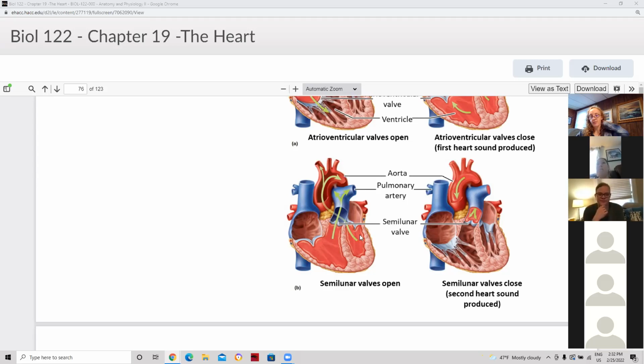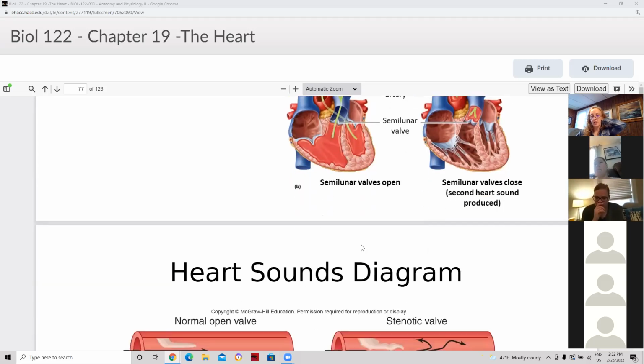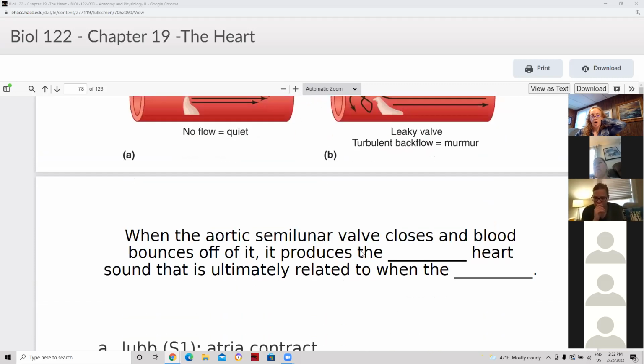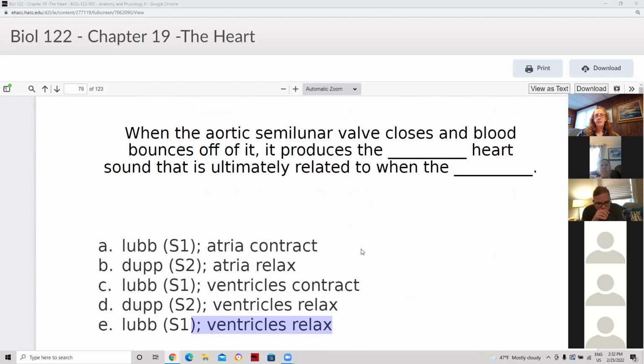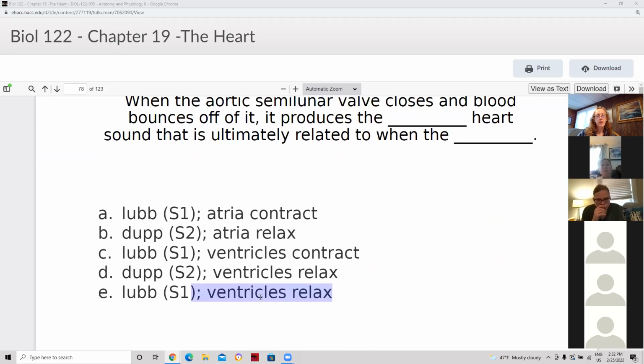Right, I understand. So what's the answer? B. Wait. D as in dog. Dog, I agree.